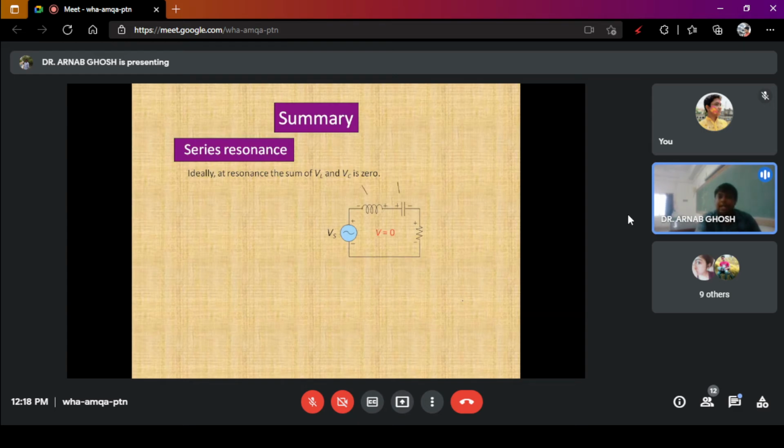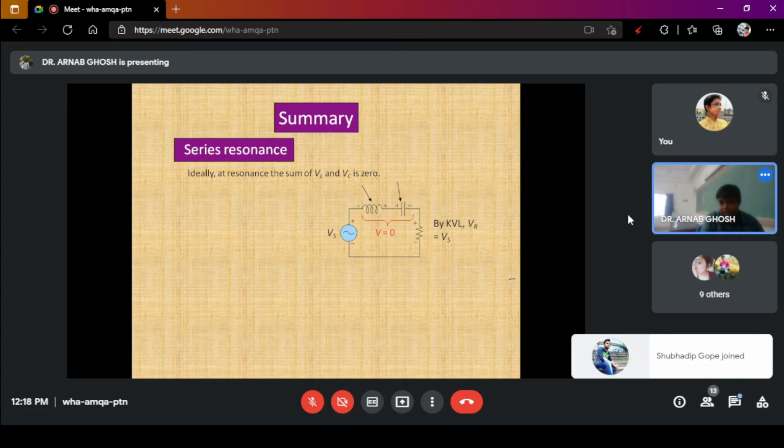Okay, so ideally at resonance, the sum of VL and VC is equal to 0. So what will be the value of the voltage across the resistance? The voltage will be equal to the source voltage.